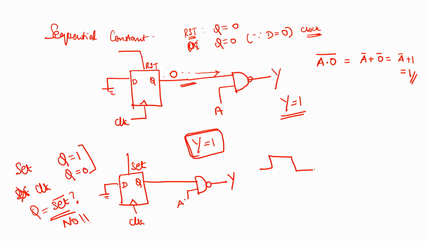Let's say this is my clock, and my D input is always 0, so I don't care about it. And my set signal looks something like this.